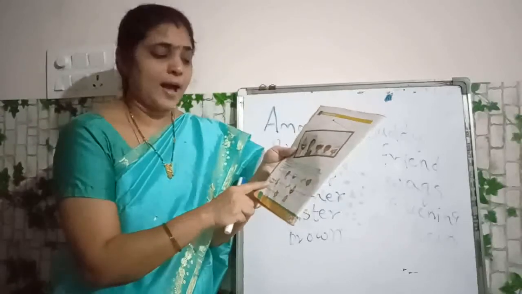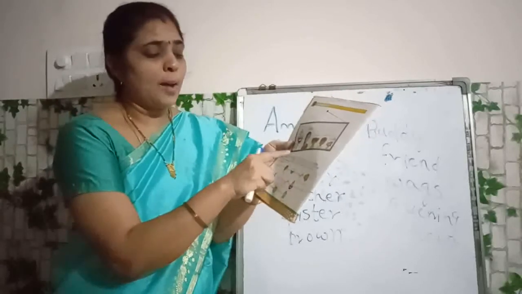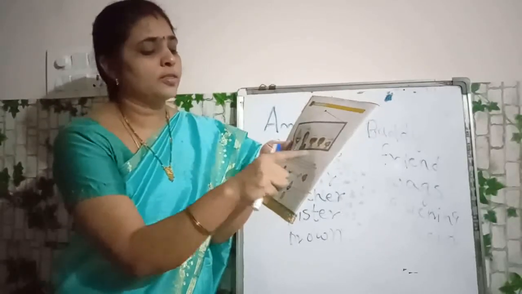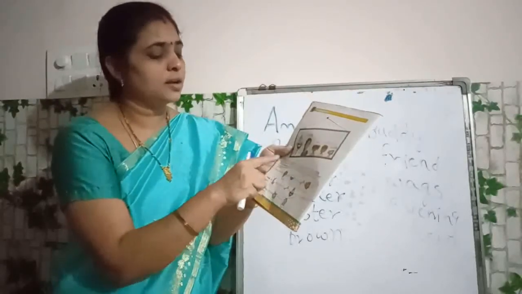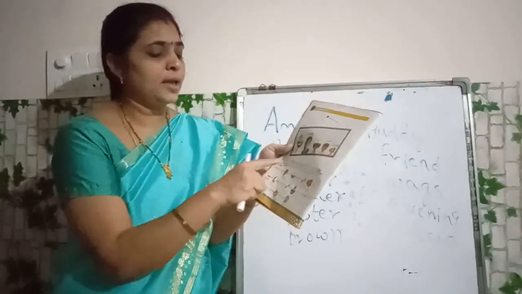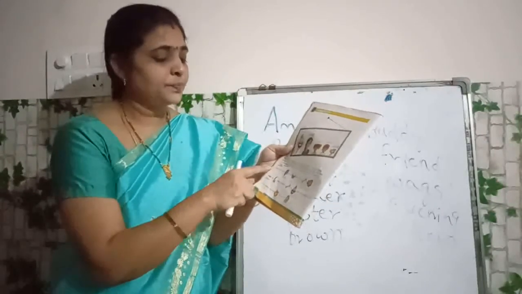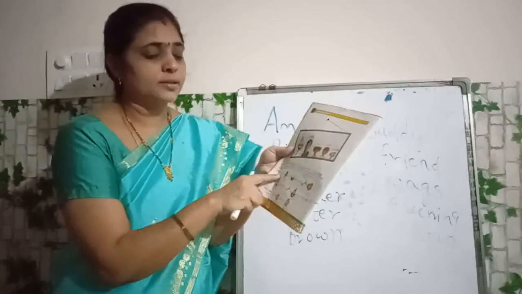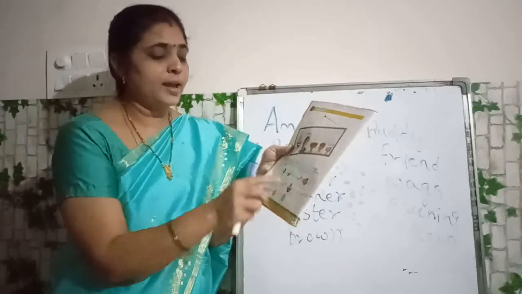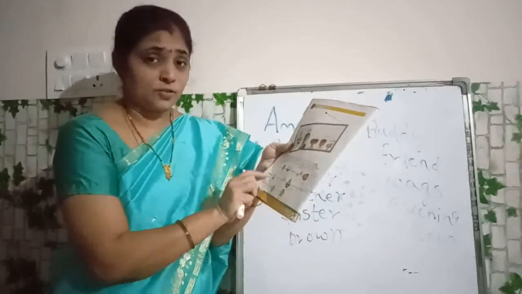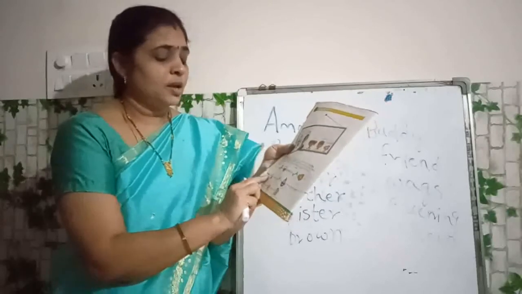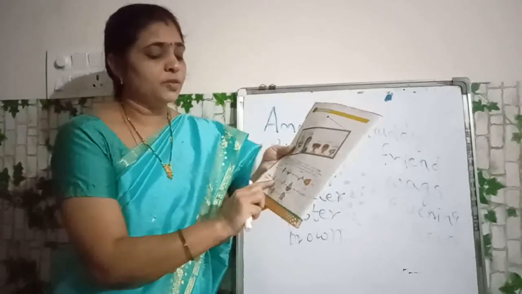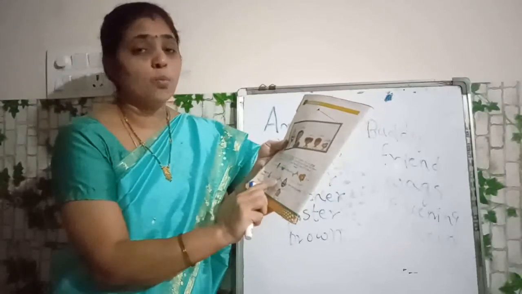Underline wags. Then underline Ammu, picture, father, mother, sister, brown, Buddy, friend, then morning. Up till here over. Next, she wags her tail when she sees the bone.